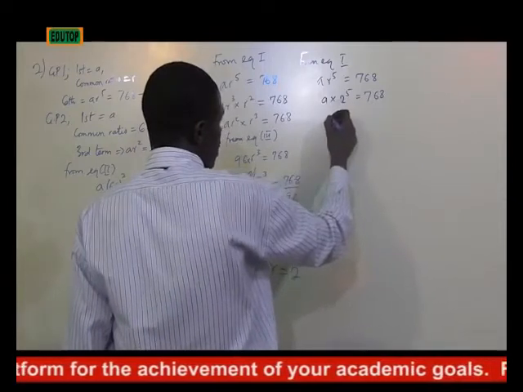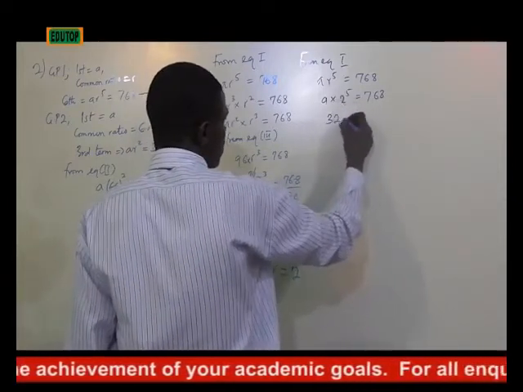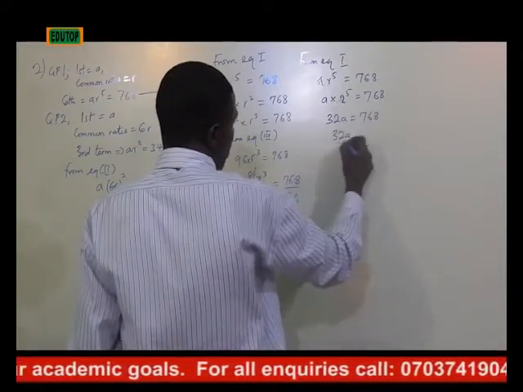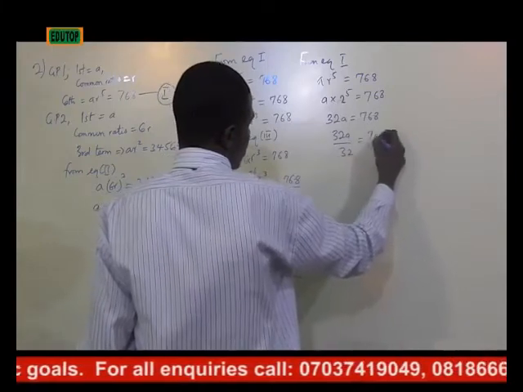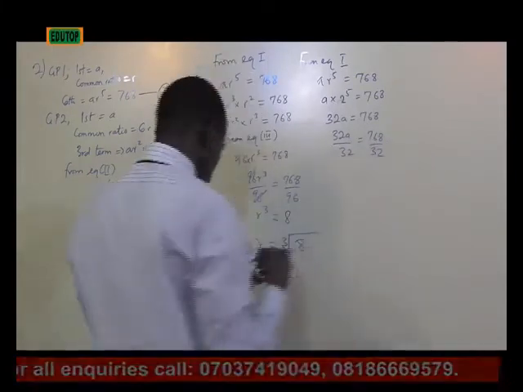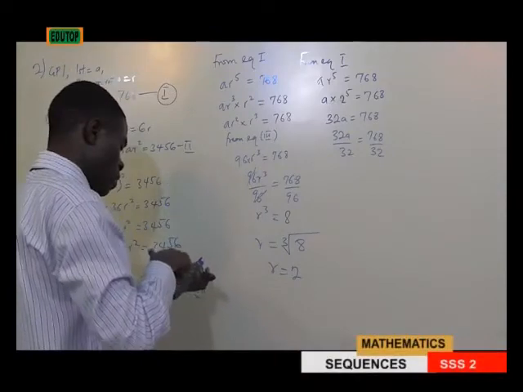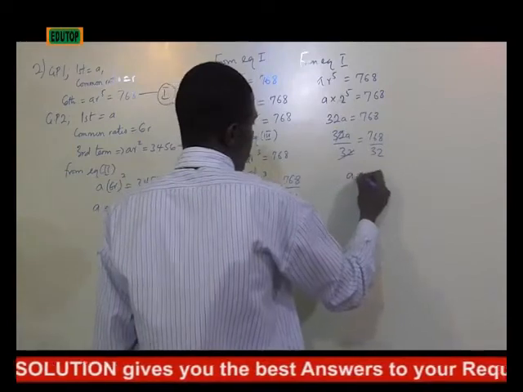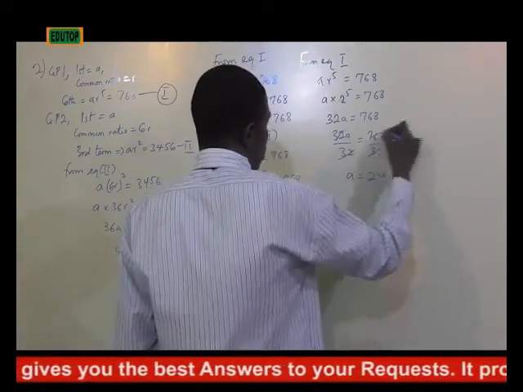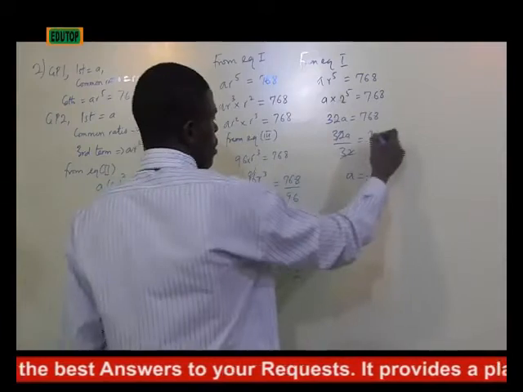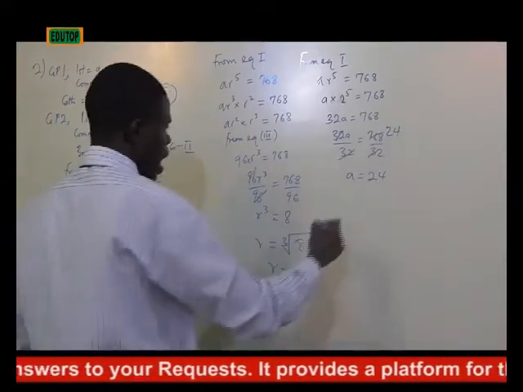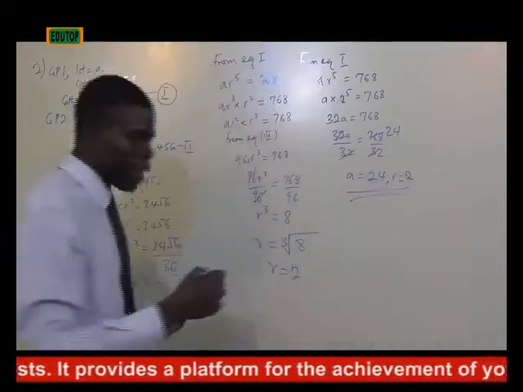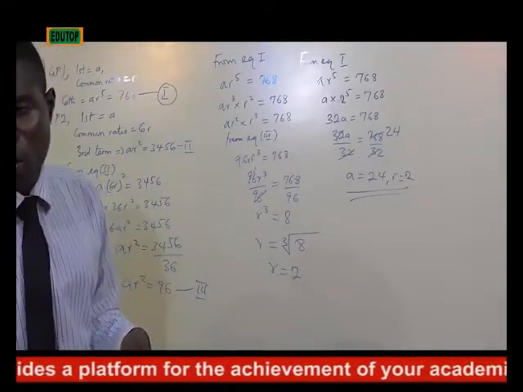Then 2 raised to the power 5 is 32, so we have 32A, which gives 768. So we divide both sides by 32, and 768 divided by 32 gives 24. So our A will now be 24, while our R is 2. So this is the answer to question 2.